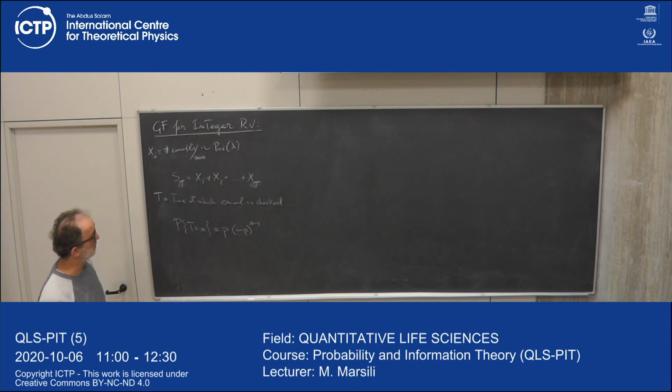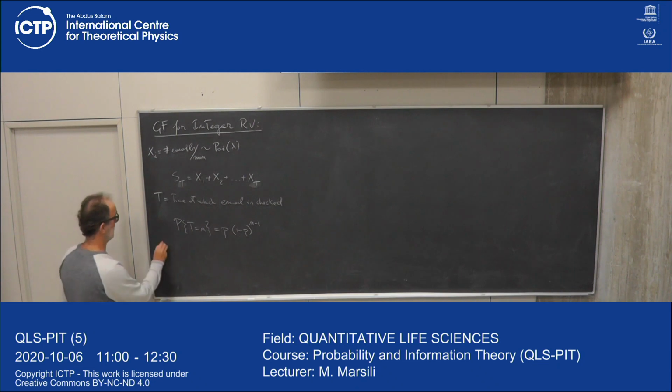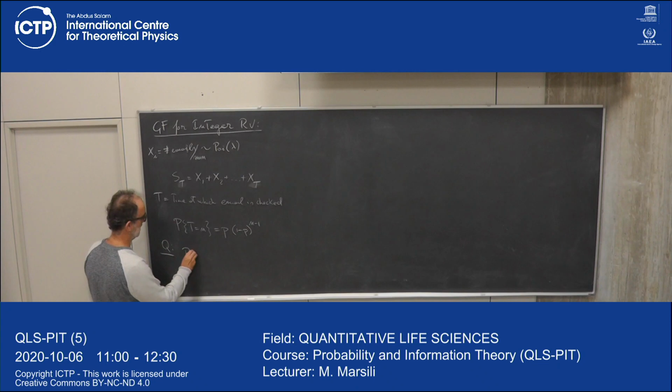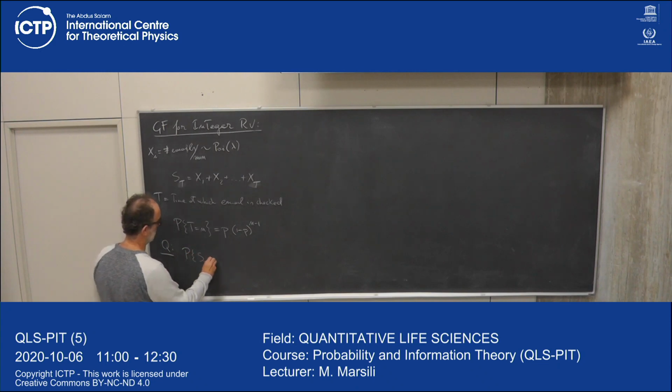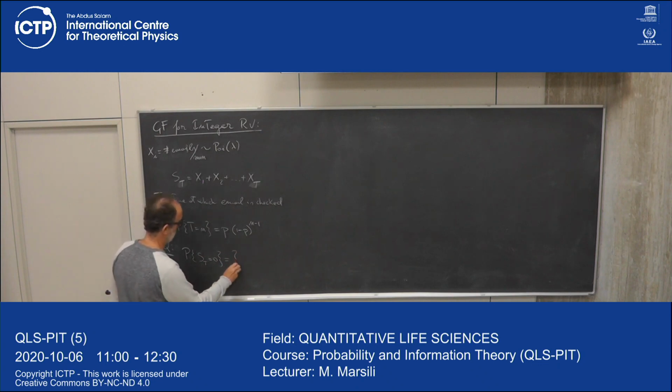Okay, so how do we solve this problem? And then the question we want to ask is what is the probability that this random variable, this number of emails, is equal to 0? Okay.